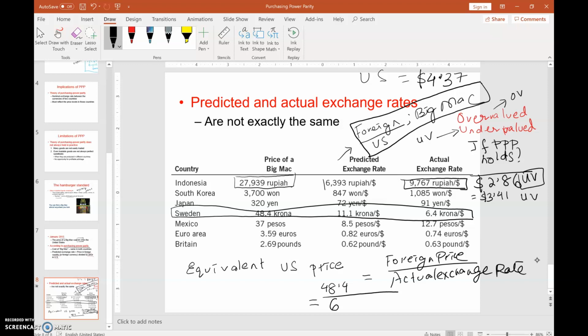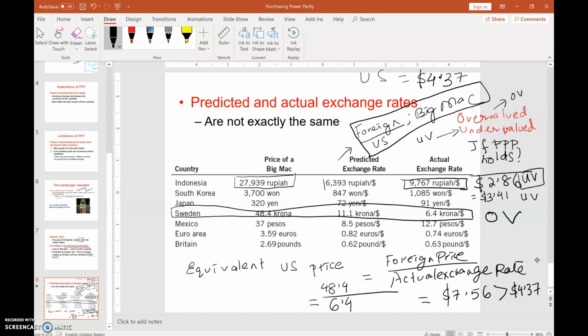Divide this not by the predicted but by the actual exchange rate, which is 6.4 krona per US dollar, and it is 7.56 US dollars. Much greater than the price of a Big Mac in the US. So I'm going to say Sweden is overvalued.